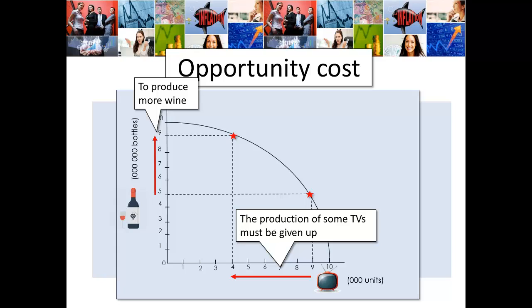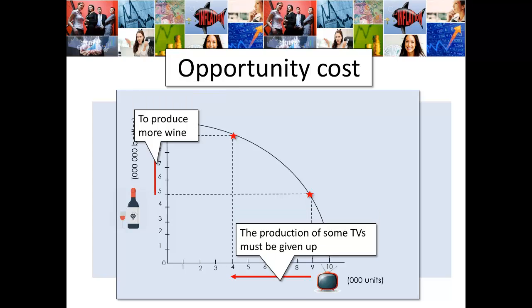So to produce more wine, the economy is going to have to give up the production of some TVs. And it's not just the production here. We're also talking, production and consumption are two sides of the same coin. So to produce more wine, to consume more wine, then fewer TVs are going to be produced, and that means fewer televisions are going to be consumed.